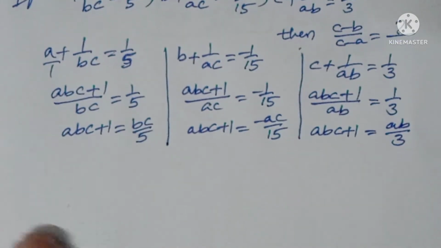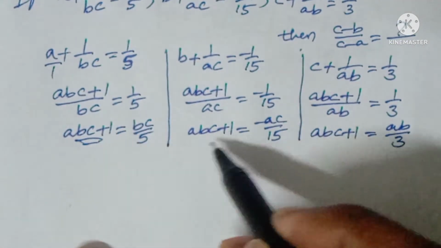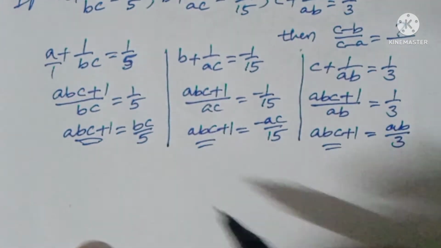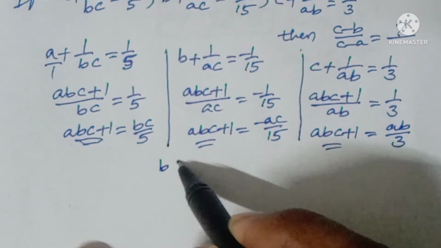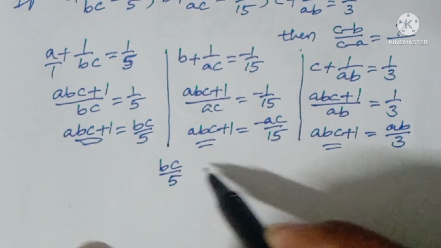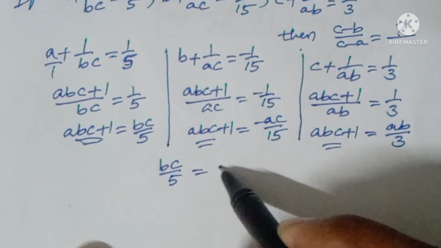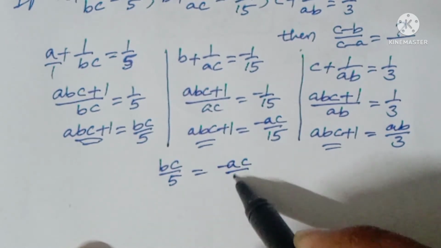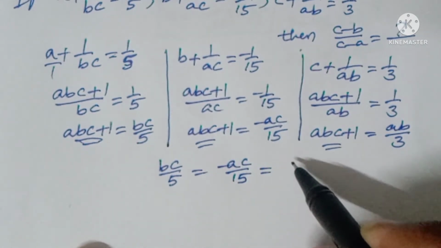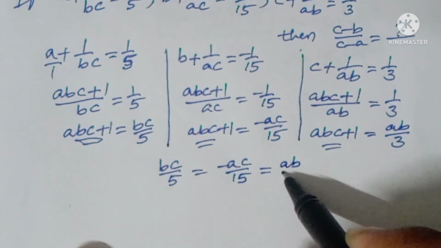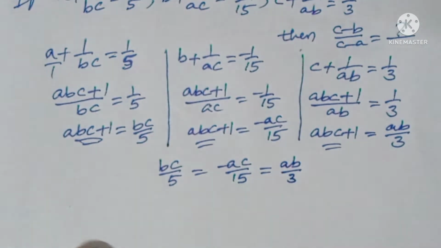So here all the LHS are the same. You can write RHS: bc by 5 equals minus ac by 15 equals ab by 3.